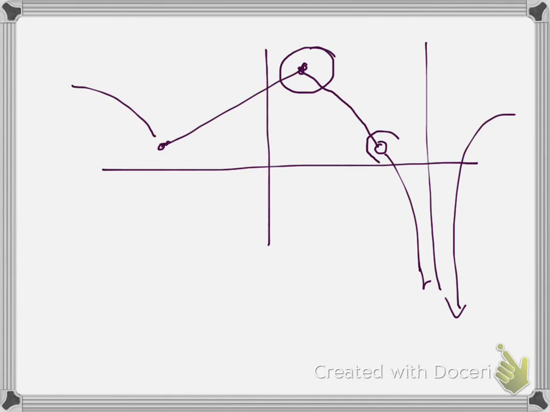I would realize that the limit exists, but it's not continuous at that point. I would look over here and see that the limit does not exist and it's not continuous there. Okay, and those are things I would know.